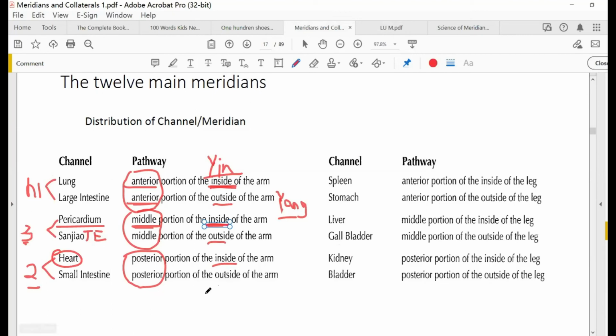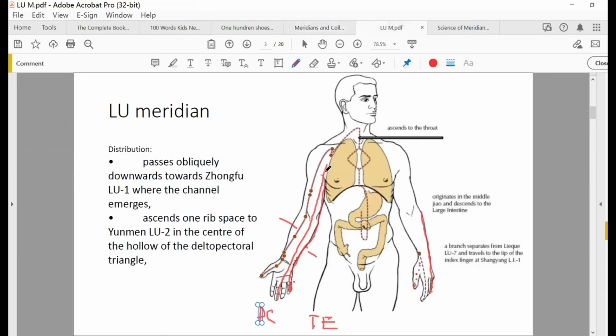Right? Lung, PC, and heart are all on the yin part of the arm. So this one, anterior, that's the lung.